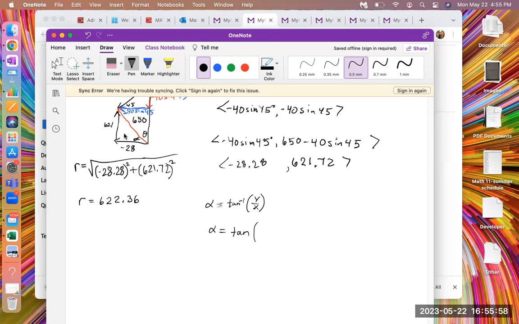Now, I like to think about it this way: the negative 28 is only negative here because of the direction we're going in. But I'm not really that interested in the direction at this very moment. I'm just interested in what this angle is. So I'm just going to ignore the negative and do the positive 621 over 28.